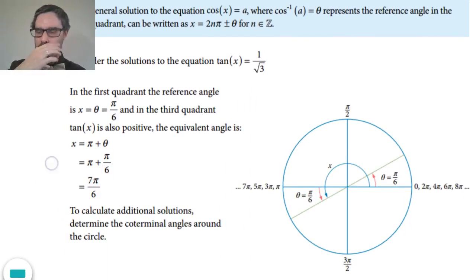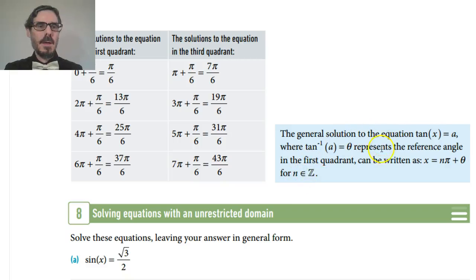But tan, you should, I hope, remember, tan repeats every 180 degrees, or every pi radians. So the general solution for tan is actually quite simple. It's some multiple of pi plus my reference angle. If this is my reference angle theta, then I can write my answer as any multiple of pi plus theta.